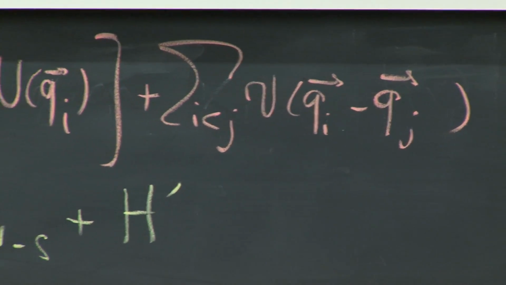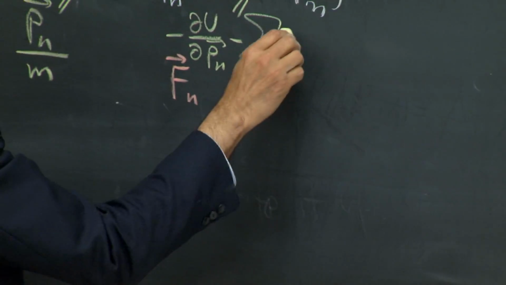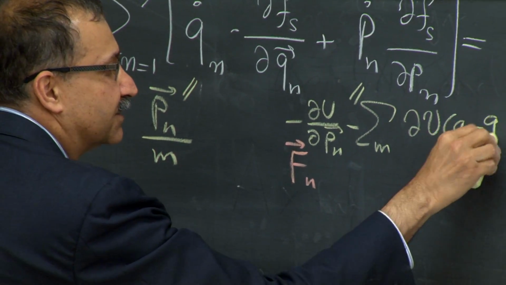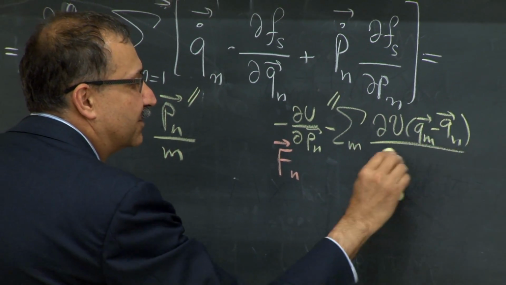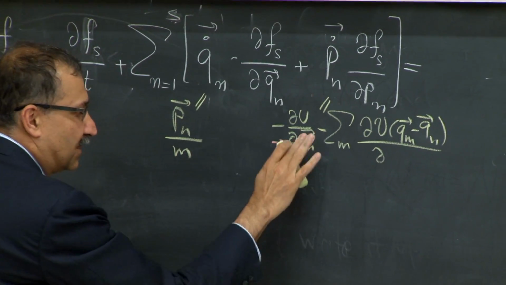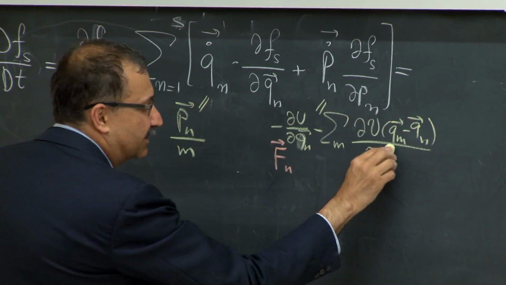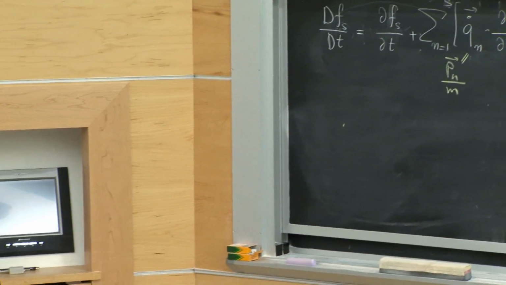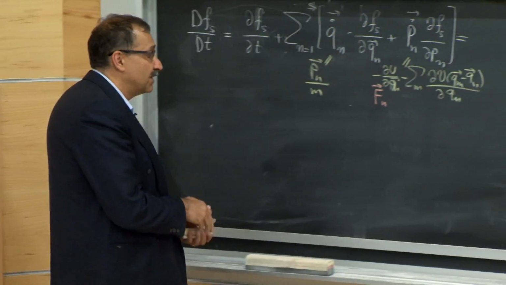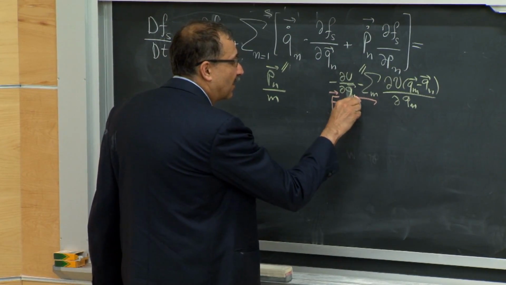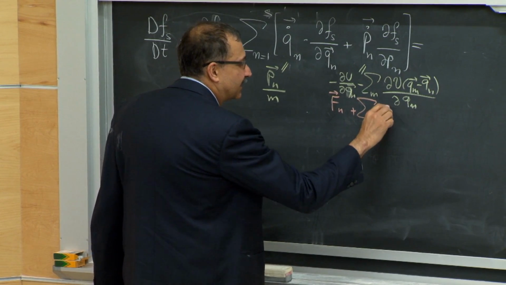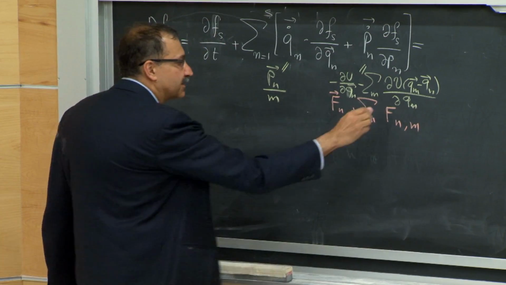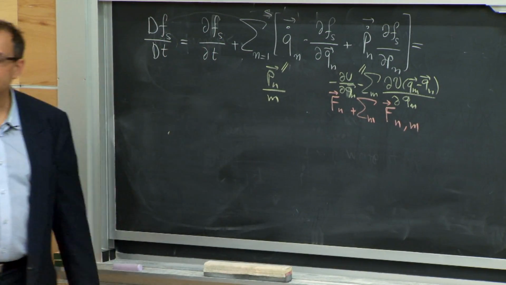I will write here a sum over m of dV of qm minus qn by dqn. What is this? This is basically the sum of the forces exerted by the mth particle on the nth particle. So I define it in this fashion.